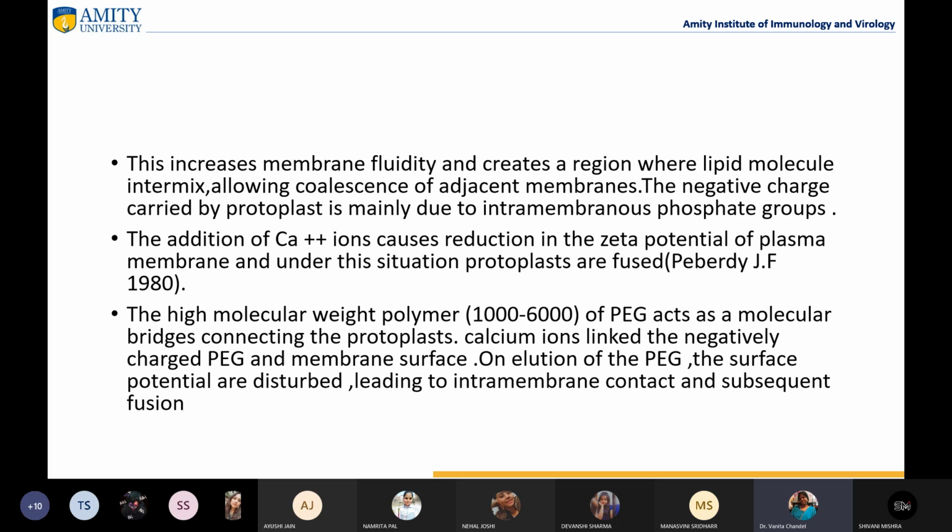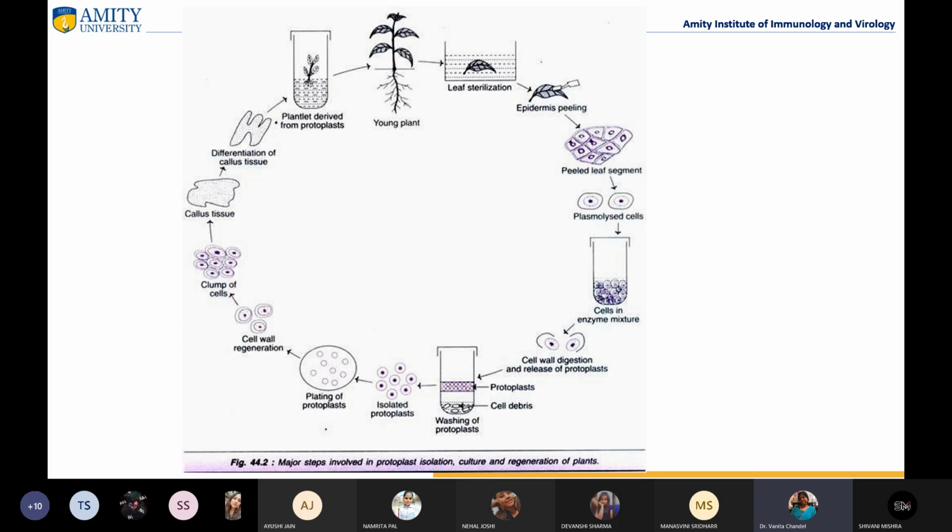In fact, we use polyethylene glycol, which acts as a molecular bridge connecting the protoplasts. Calcium ions link the negatively charged PEG and the membrane surface, and on elution of the PEG, the surface potentials are disturbed, which leads to intramembrane contact and subsequent fusion. So these are some possible explanations of why and how fusion takes place under certain circumstances.